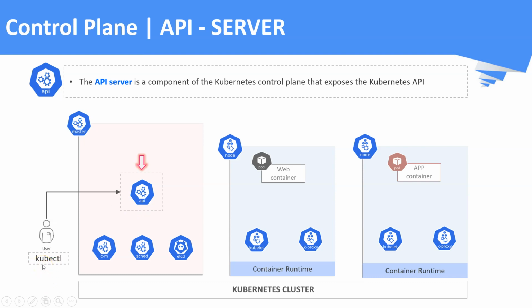This API server handles both external and internal requests. That is the internal communication between the Kubernetes components as well as the external communication between the Kubernetes cluster and the clients. These communications are only possible with the help of the API server.